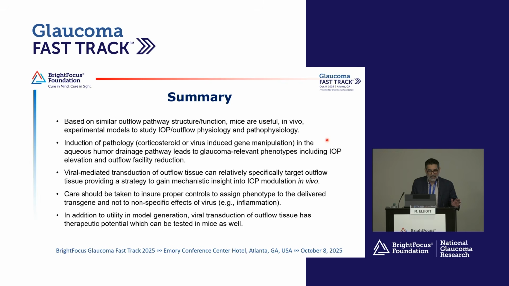Viral-mediated transduction can relatively specifically target outflow tissue, providing a strategy to gain mechanistic insight into IOP modulation in vivo. We should take care in ensuring proper control, as in all experiments, to be sure that the effects are not due to the virus and are in fact due to the genetic manipulation the virus is carrying. And finally, in addition to generating models with the viral approach, it also offers promise for therapeutic potential. And with that, I'll conclude.